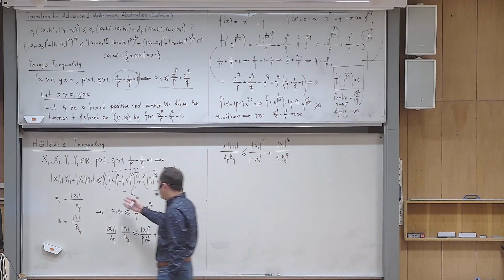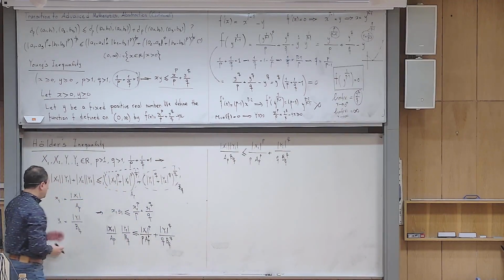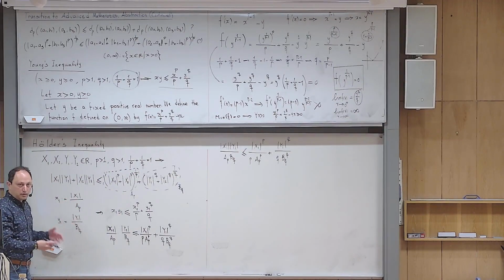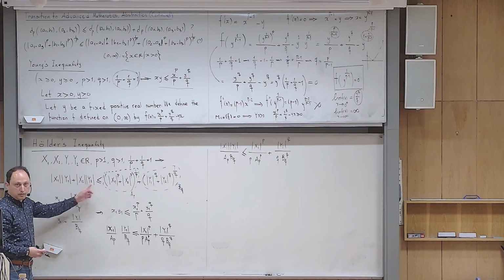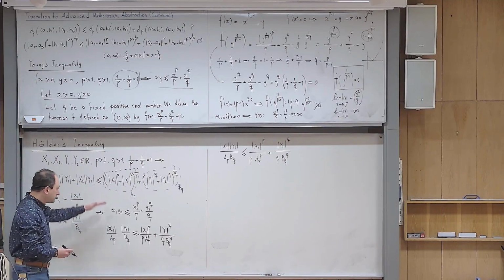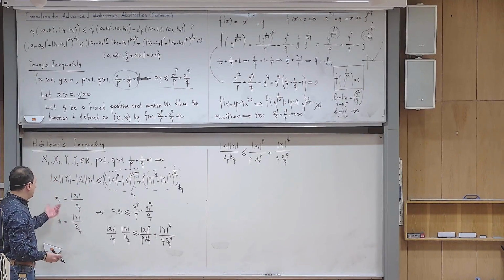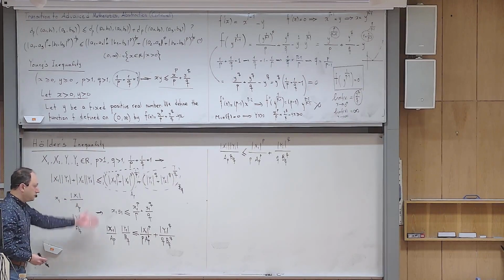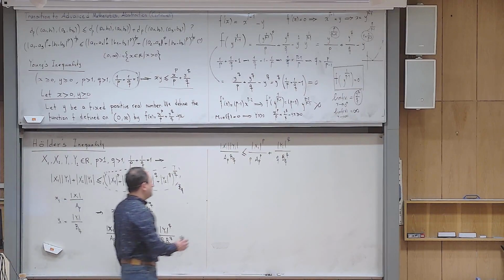I can repeat the same argument, but instead of starting with capital X1 and capital Y1, I can start with capital X2 and capital Y2. So I don't want to repeat this process, but I change my definitions. Instead of little x1, I define little x2, little y2, and then I repeat the same argument, so I will come up with this.